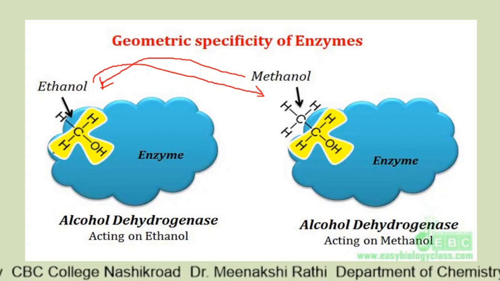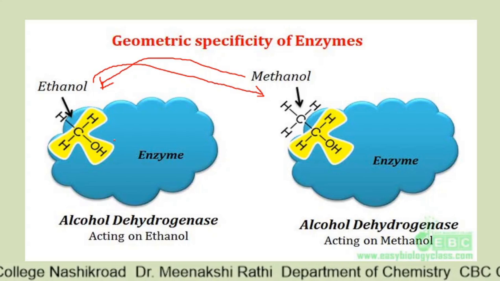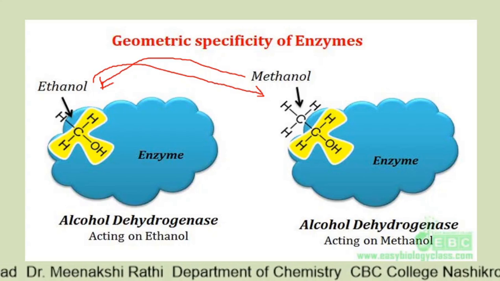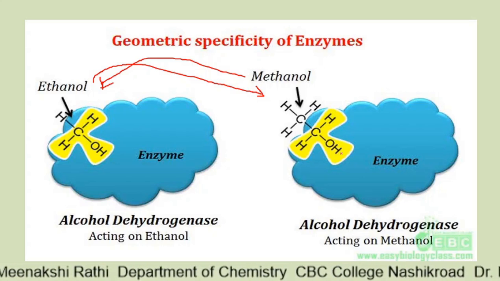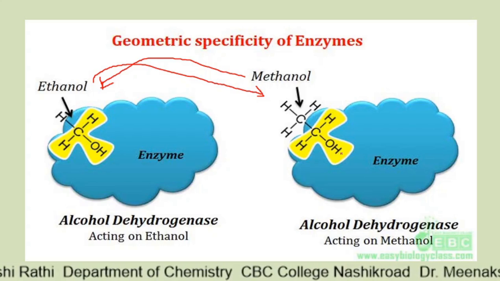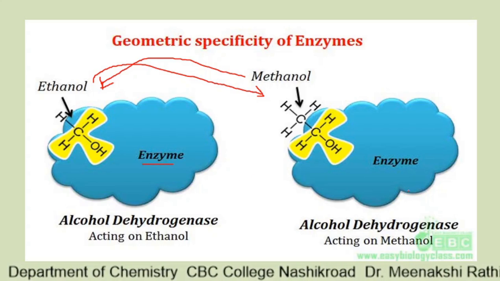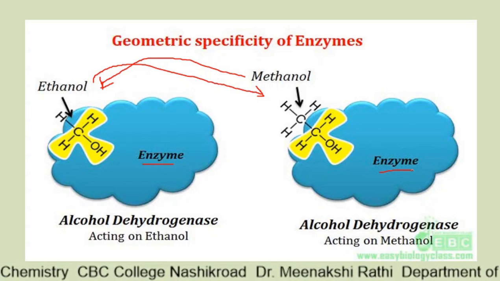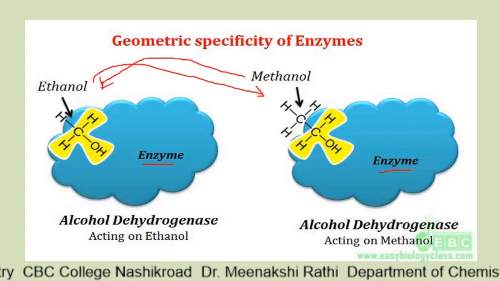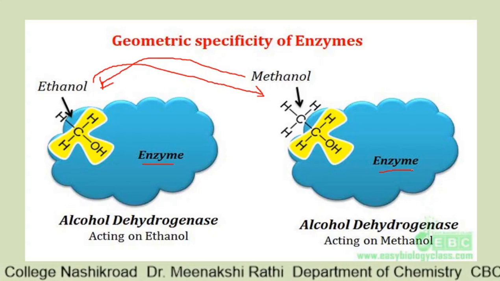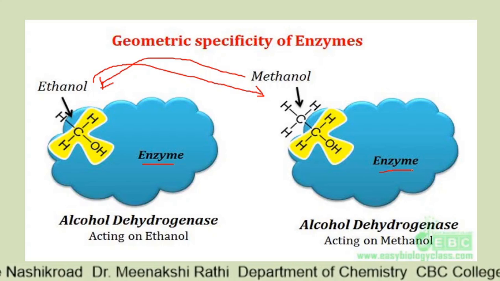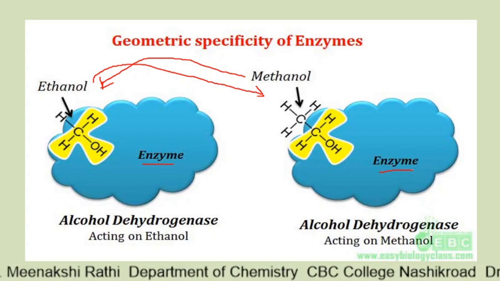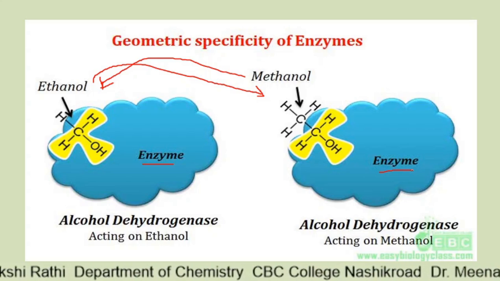Now you can see methanol has this CH2OH group as well as ethanol also has a CH2OH group in its structure, in its geometry. So this is the enzyme, the blue part. Alcohol dehydrogenase can catalyze both methanol as well as ethanol. Why? Because their geometry is somewhat the same. Such specificity is geometric specificity.